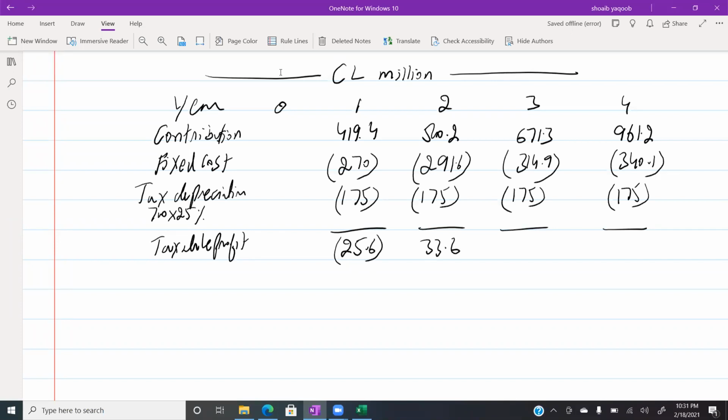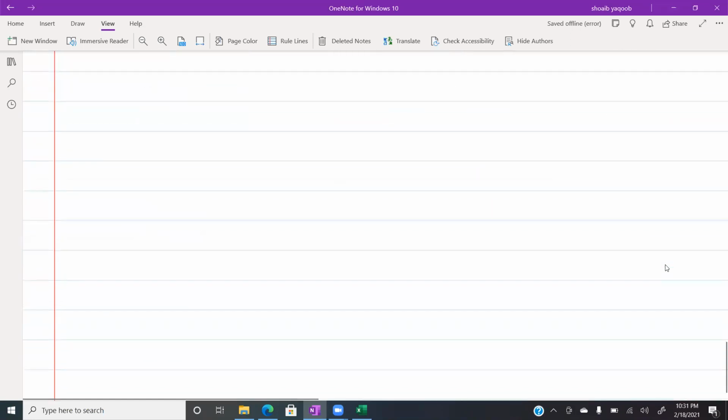Third year, fourth, and obviously we can carry forward the losses. Apply the tax here. We can carry forward the losses. So we can solve this part in the working.